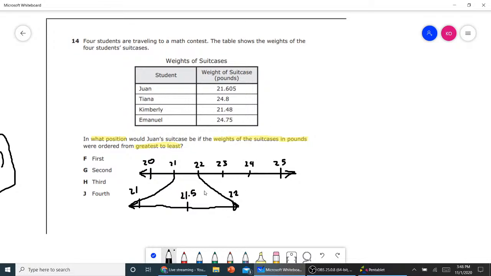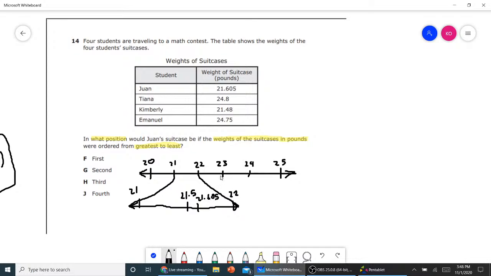The answer is that 21.605 is greater than 21.5 because 21.6 is greater than 21.5 by 0.1. So it would be slightly greater than 21.5.